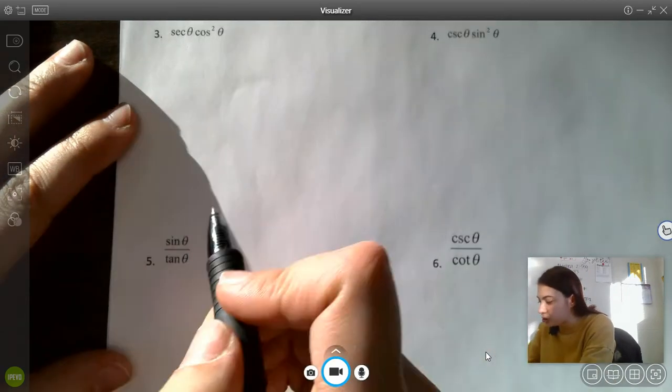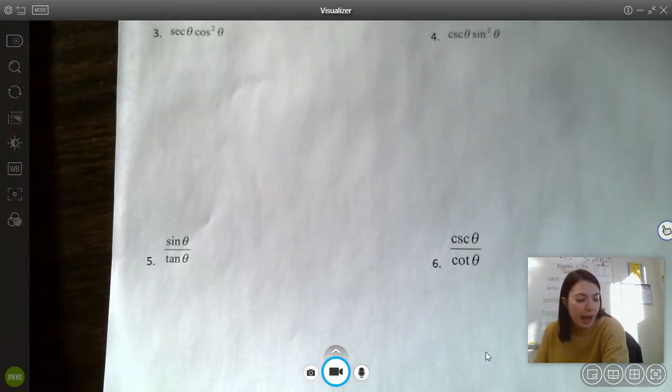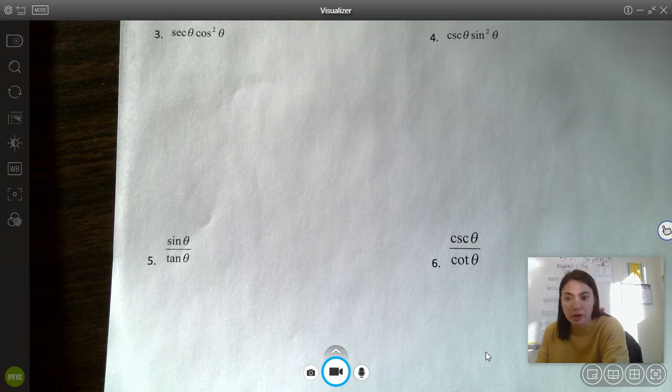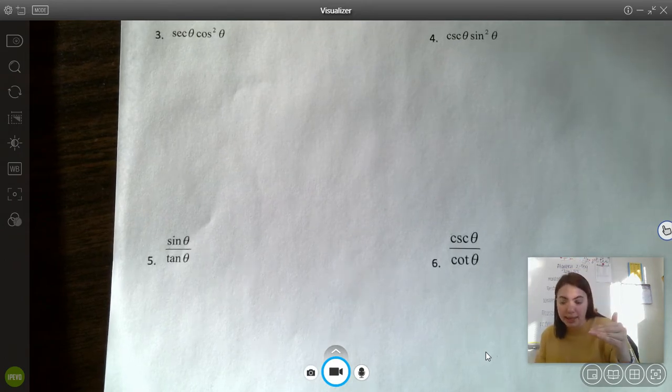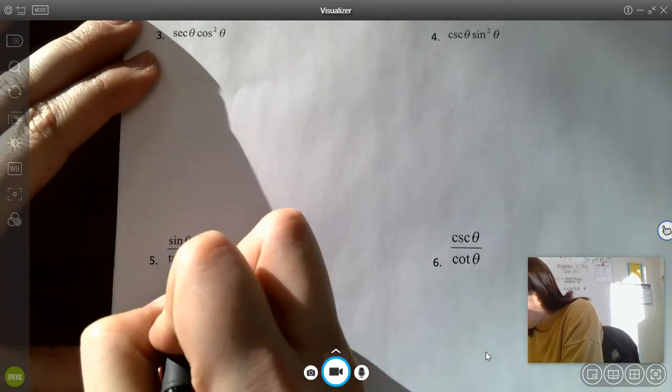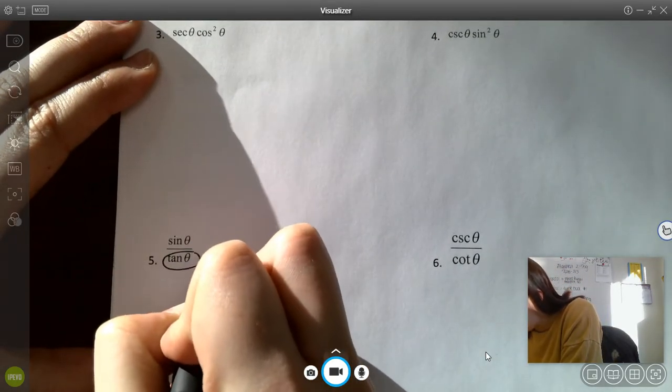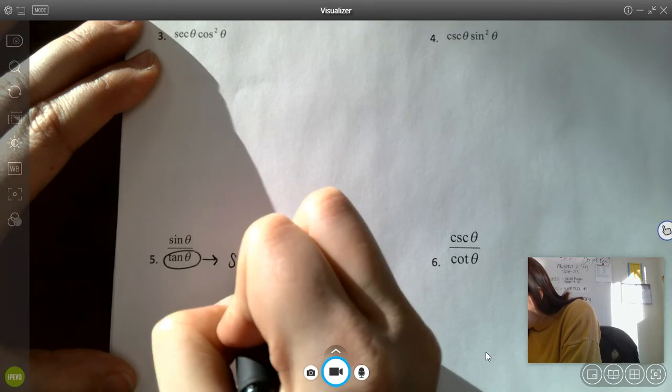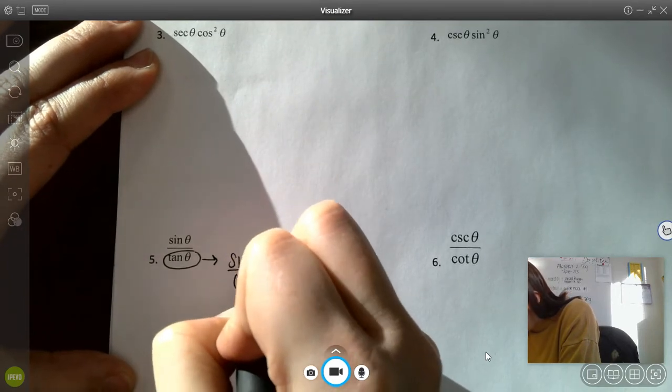All right, so first off, when we talk about sine in terms of a fraction, we have sine over tangent. Well, we could break this up into the sine over 1 times 1 over tangent, but that doesn't really get us anywhere. So let's play around with what tangent is. Remember, tangent is the sine over cosine.